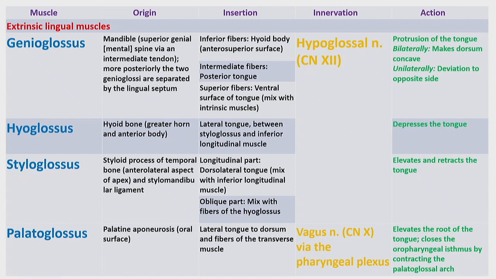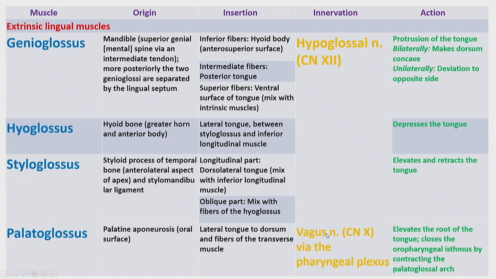And it's interesting that all the extrinsic muscles of the tongue are innervated by cranial nerve number 12, the hypoglossal nerve. The palatoglossus, we said, is considered a muscle of the soft palate and also of the tongue.